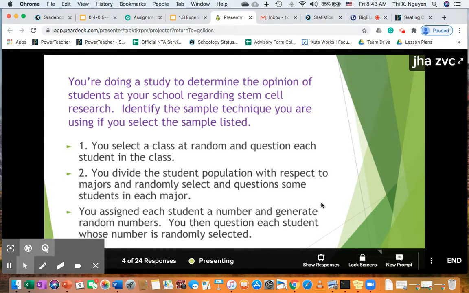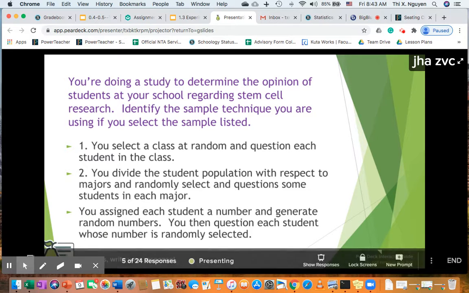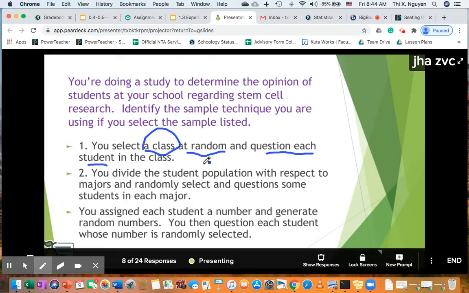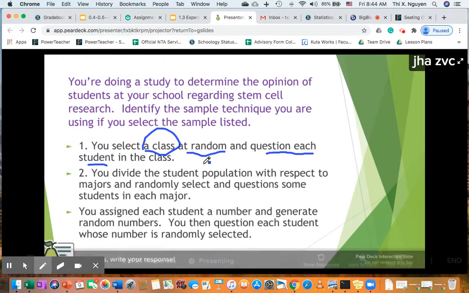Okay, let's look at the example that we have right here. Number one, you select at random and question each student in the class. So random, question each student, but this one is that you select a class. That means there are many, many classes for you to choose from, and then you choose one class.